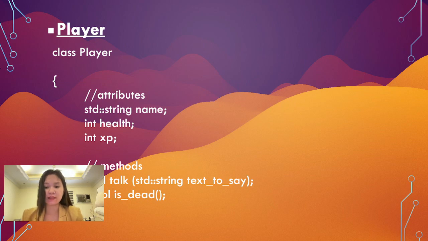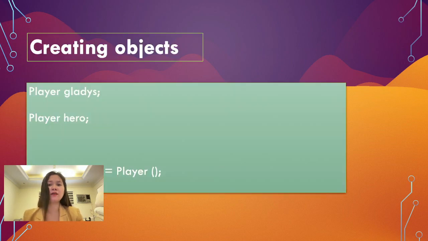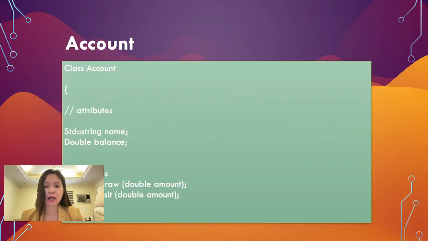Creating objects: Player Gladys; Player hero; Player *enemy = new Player(); and then delete the enemy. In class Account, we also have attributes and methods. In attributes, we have std::string name and double balance.